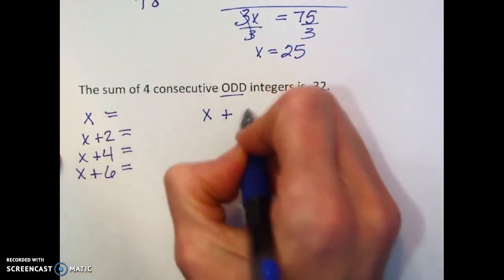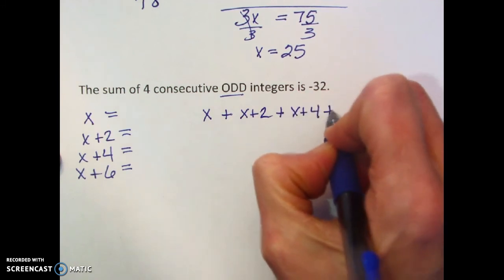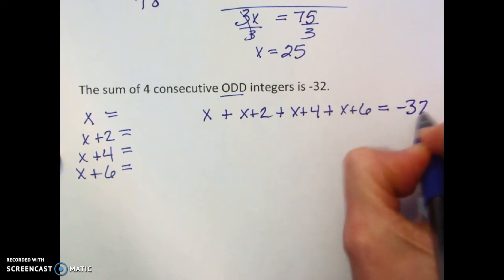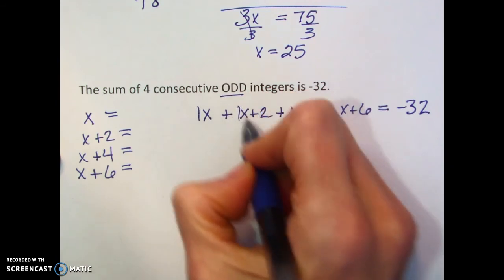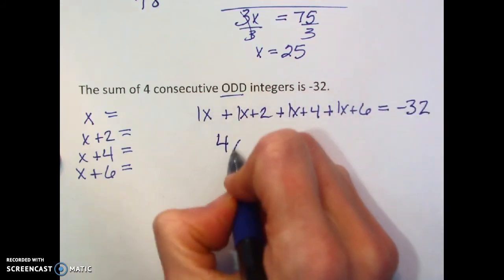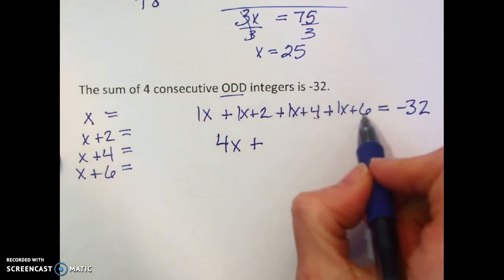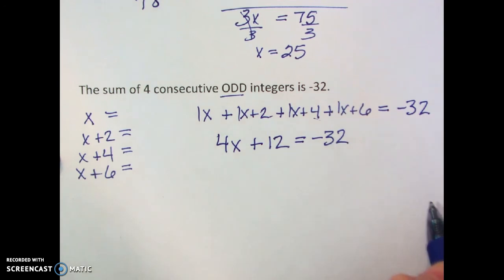So the first one plus the second one plus the third one plus the fourth one adds up to negative 32. So we have 4 x's plus 2 plus 4 plus 6 is 12, equals negative 32.